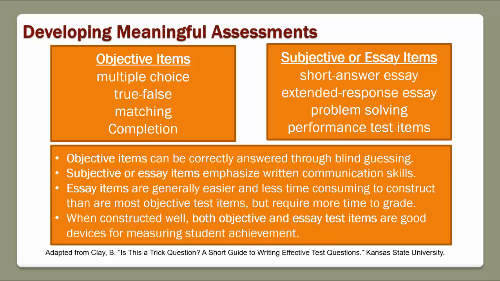And essay items are generally easier and less time consuming to construct than most objective test items, but they require more time to grade. So while an essay item could be very short, like explain how this theory works, when you get the response back from your students, it may take some time to grade, whereas multiple choice tests might be easy to grade because it could be automated, but to create a very well written multiple choice can actually take more time.